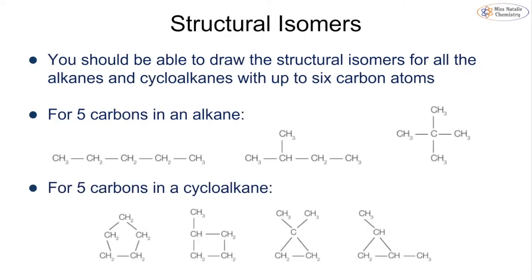Now, you should be able to draw structural isomers for all of the alkanes and the cycloalkanes up to 6 carbons. So when you have a cycloalkane, you should be thinking about a ring structure, starting from cyclopropane, where we have 3 carbons in a ring, going up to cyclohexane, where we have 6 carbons in a ring.